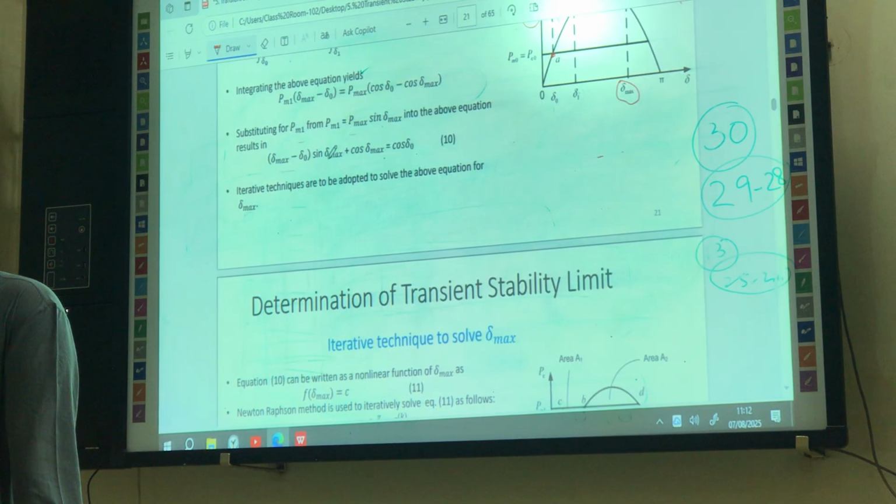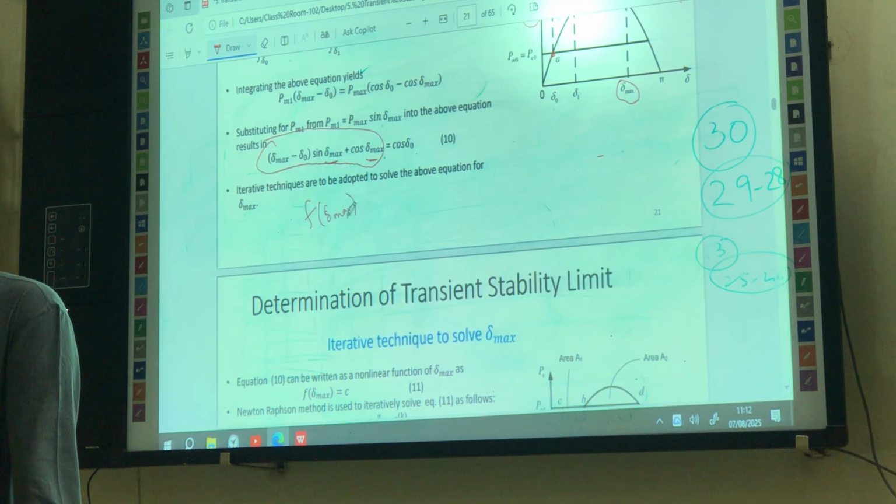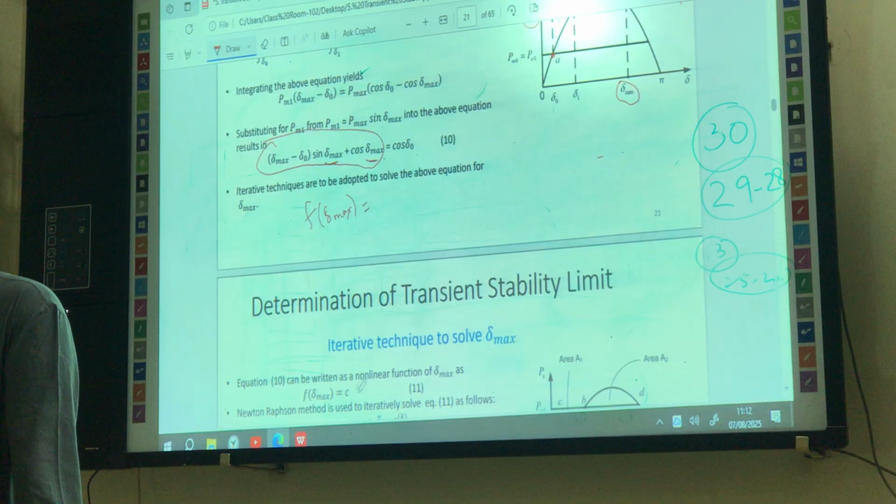Here we have delta max, and here also we have delta max. So the whole left side is a function of delta max, and the right side will be only the constant c.